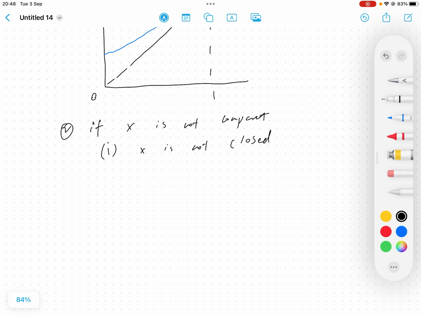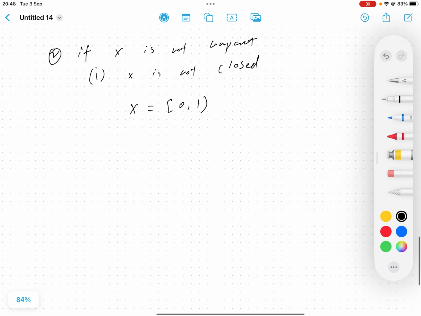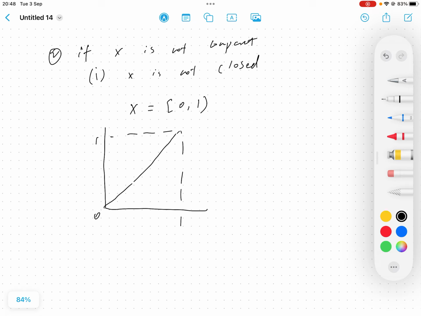Let's say X is from 0 included to 1 not included, so it's open on the right side. Again, a little picture from 0 to 1, the 45-degree line.